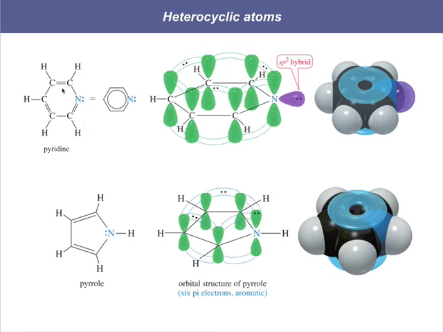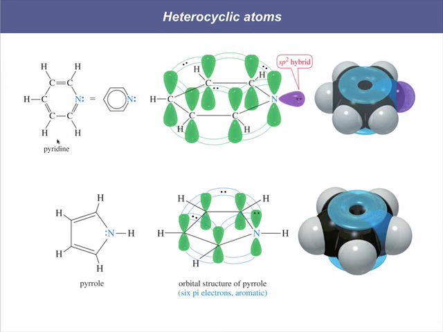Notice that in pyridine, we've already got 6 electrons in the pi system. We've got a double bond there, and a double bond there, meaning that these electrons on nitrogen do not need to be in a p orbital in order to make the system aromatic. In fact, if it were to somehow make its way into a p orbital, this would be anti-aromatic. It would have 8 pi electrons if those were in the pi system. So actually keeping these electrons out of the pi system is good for the stability of the system.